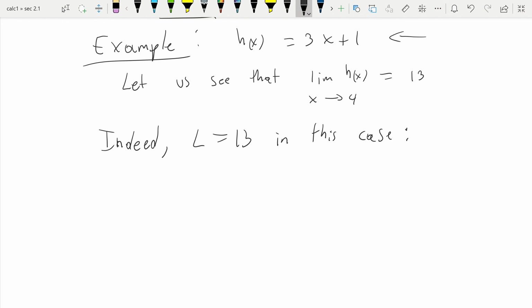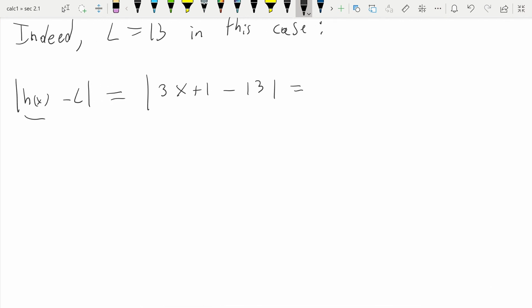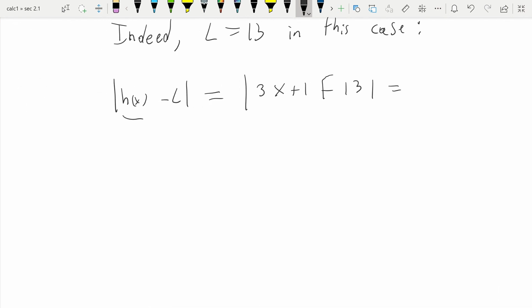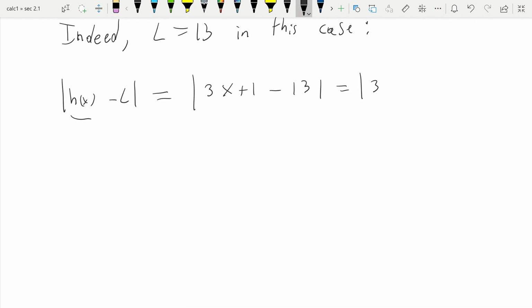Going back to the definition, we want to make sure that h of x is close to L, provided x is really close to 4. So what is h of x? It's 3x plus 1, and L is 13, which is what we suspect. Here we get, inside the absolute value, 3x minus 12.